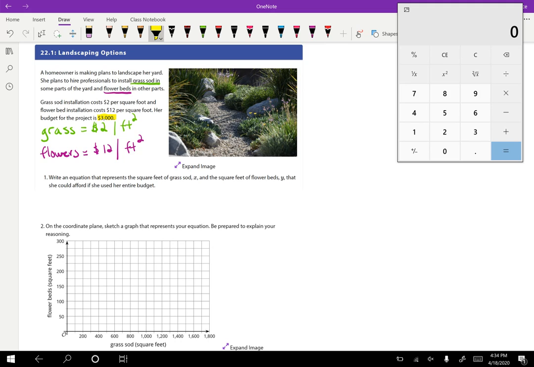Question number 1 wants us to write an equation, so not quite an inequality yet, but an equation that represents the square feet of grass sod. So they're telling you that X is grass sod. I'll kind of color coordinate it for you. X is the grass, and they're going to identify the Y as the flower beds. So Y is equal to flower beds.